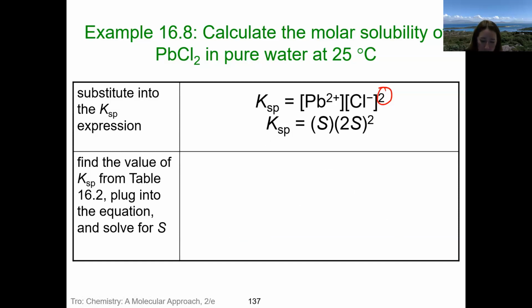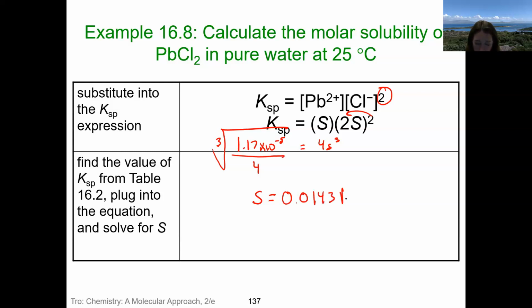Oh yeah, so the Ksp is 1.17 times 10 to the negative 5th equals, combine this, so 4S cubed, divide by 4, and then take the cube root, and that will give us our S, which is 0.0143 molar.